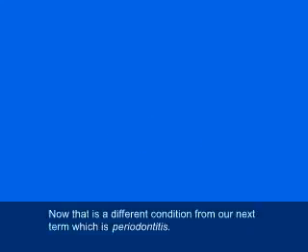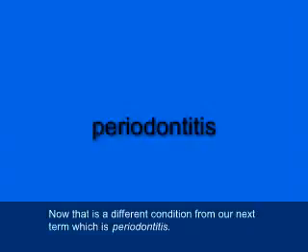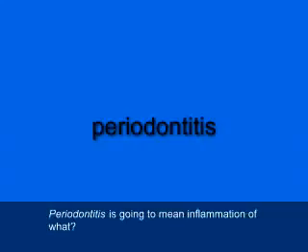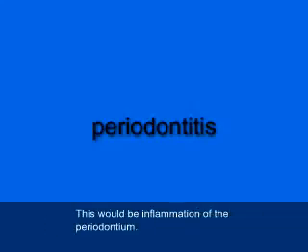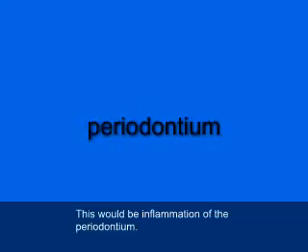Now, that is a different condition from our next term, which is periodontitis. Well, periodontitis is going to mean inflammation of what? Well, this would be inflammation of the periodontium.